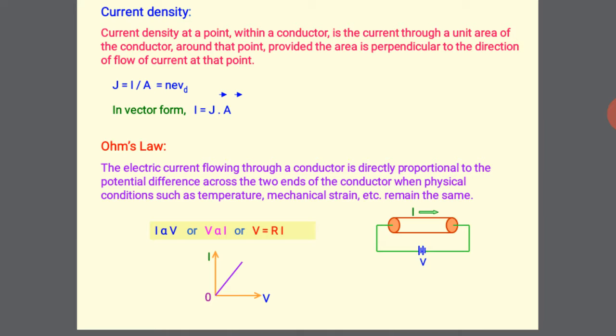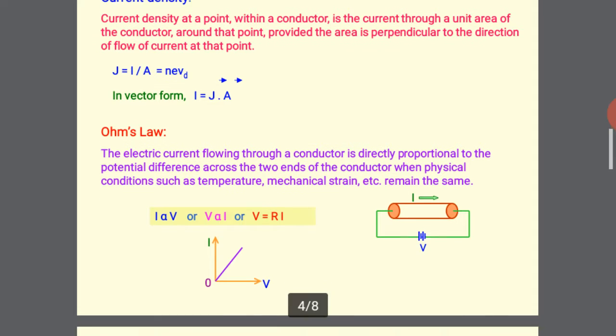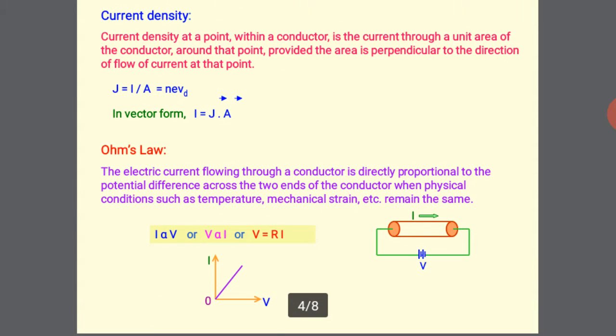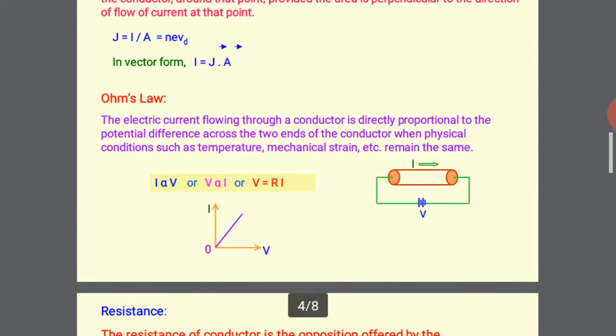This means if we are not changing the physical condition of a conductor, then the current passing through it is directly proportional to the potential applied across its ends, or mathematically it can be written as V ∝ I, or V = RI.